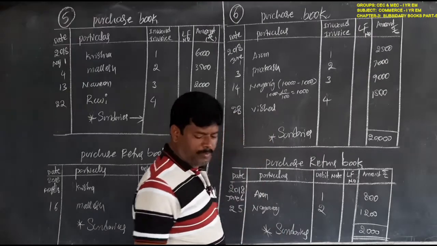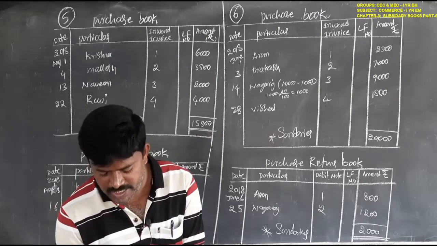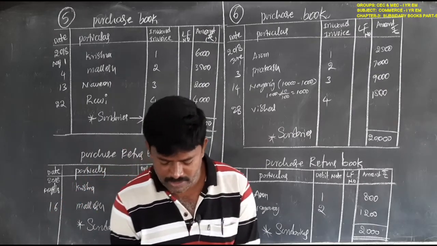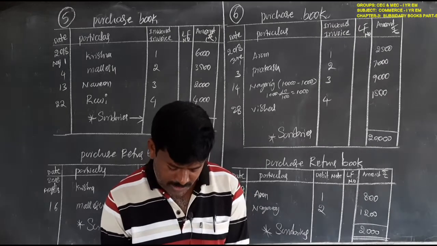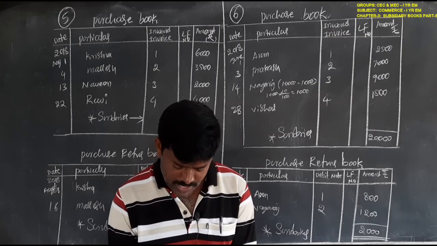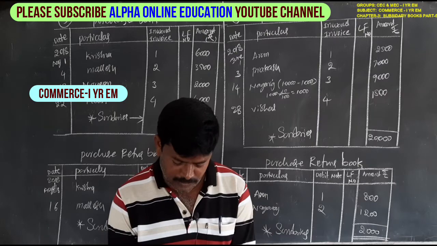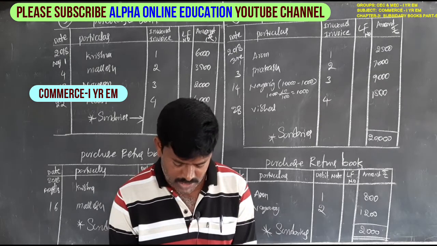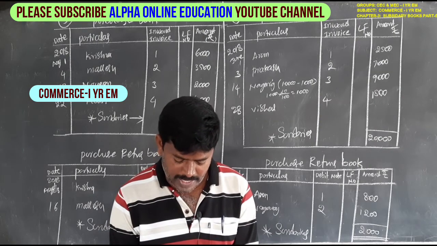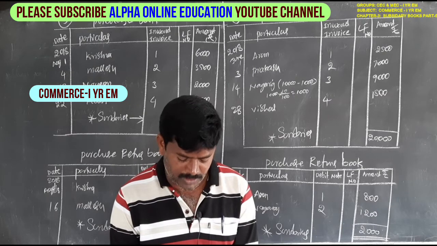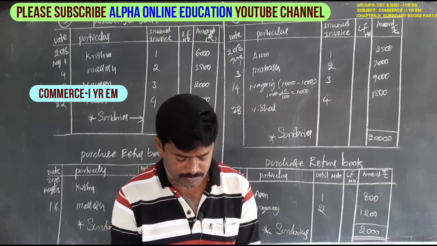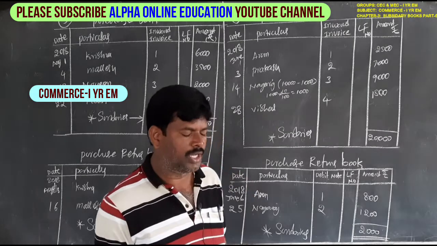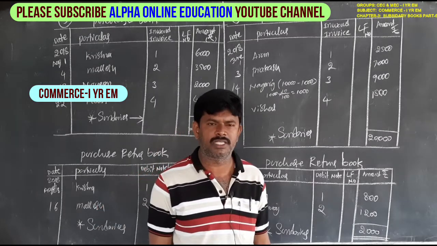And this way you have to prepare the purchase book and purchase returns book, in the fifth problem as well as the sixth problem. Remaining problems and exercises are to be solved by the students, and take your reference from the first problem to the fifth problem and the sixth problem. This is the total information about the purchase book and purchase returns book.